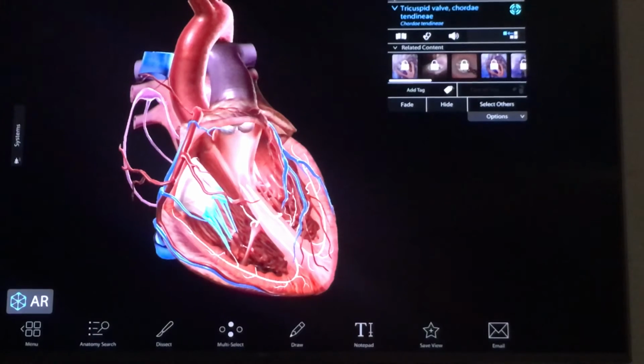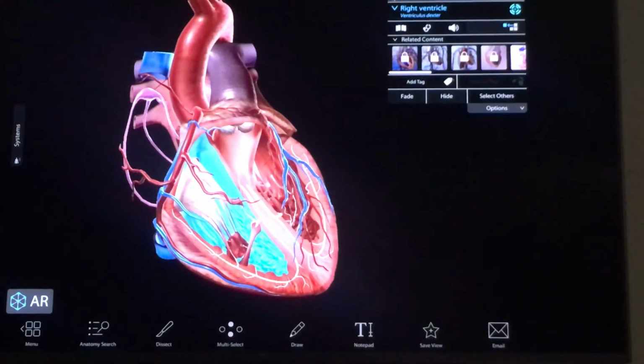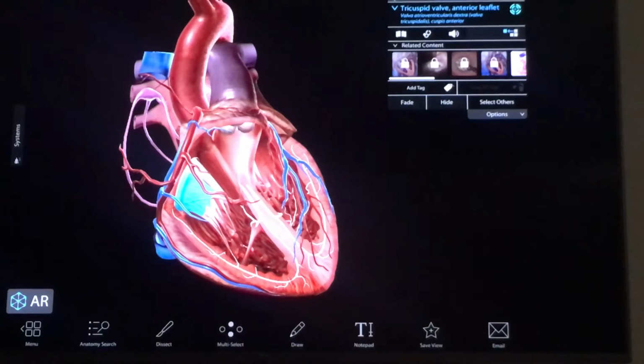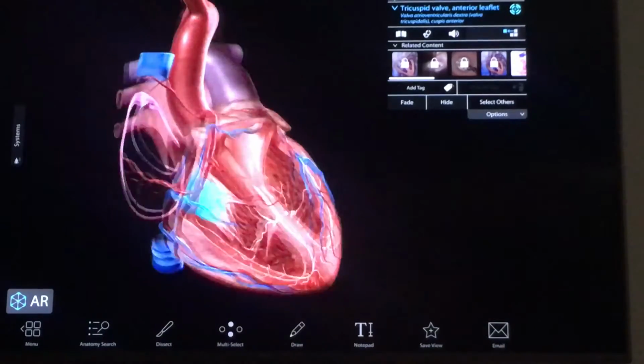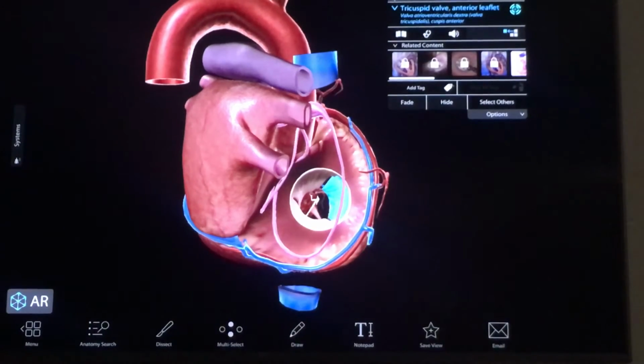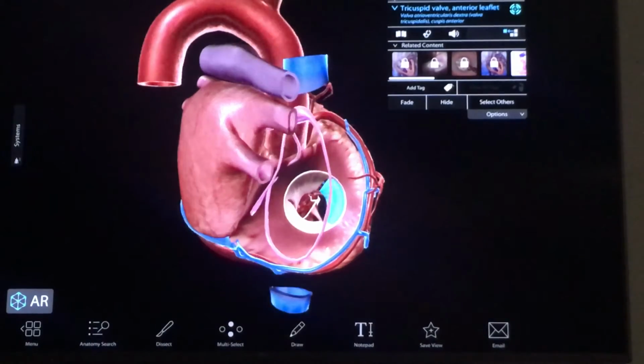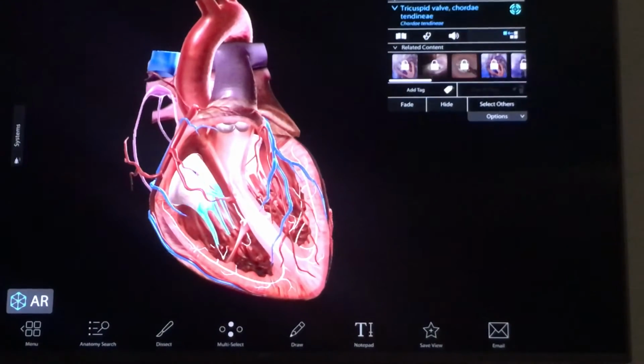When this ventricle contracts and squeezes down, the blood will attempt to flow back through these valves. But those little flaps, because of the blood pressure, will close, and the chordae tendineae keep them from flipping through the other way. That keeps the blood from flowing backwards.